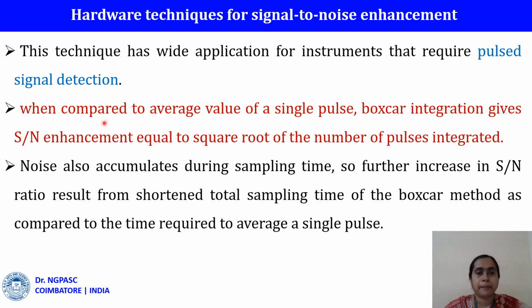Compared to the average value of a single pulse, boxcar integration gives S by N enhancement equal to the square root of the number of pulses integrated. Noise also accumulates during sampling time. Further increase in S by N ratio results from the shortened total sampling time of the boxcar method as compared to the time required to average a single pulse.